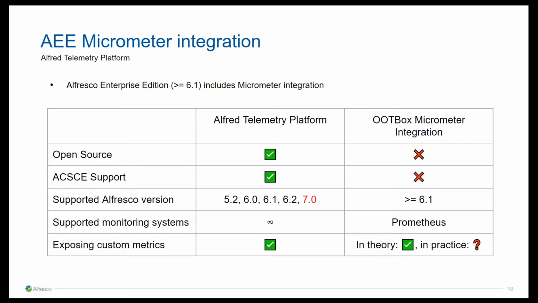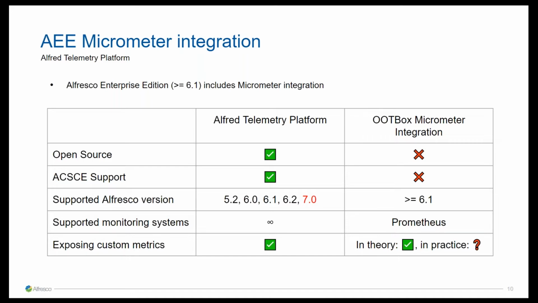Also, the supported monitoring systems. Alfred Telemetry platform is not infinite, of course, but it is limited to the number Micrometer provides. In this demo, we use Prometheus, but it is perfectly possible and rather simple to expose the same set of metrics, for example, via JMX or to Graphite.